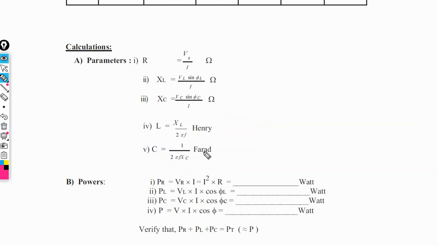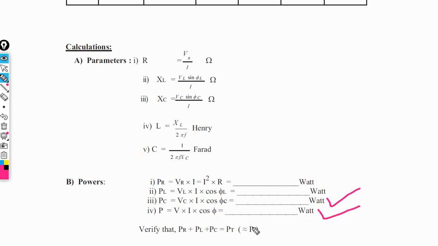Then PL is VL I cos phi L. This is an important formula. Then PC is equal to VC into I into cos phi C, that is the power across capacitor, measured in watt. Then P is equal to V into I cos phi, and this power is measured in watt.